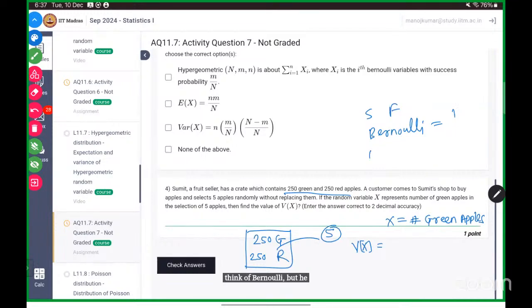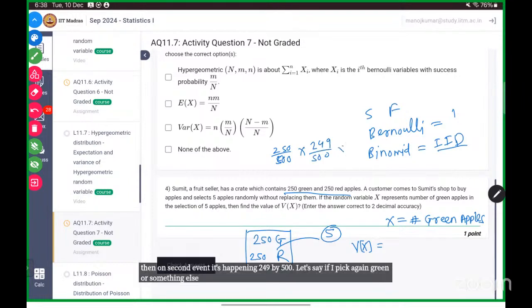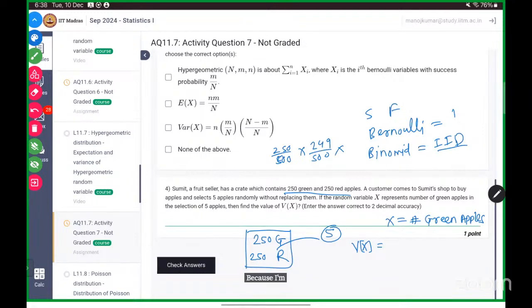If it was binomial, it has to be independent and identically distributed, but that is not happening. The first time I pick an apple, if I pick green, the probability of green is 250 by 500. Then on the second event it is 249 by 499, if I pick green again. Basically the probability is changing because I'm doing it without replacing.